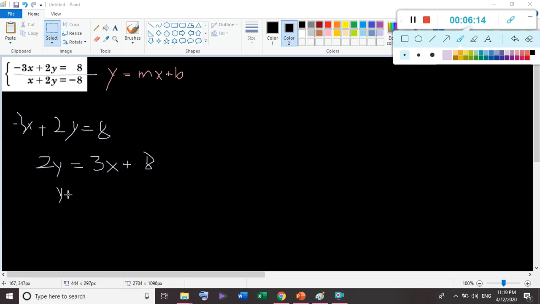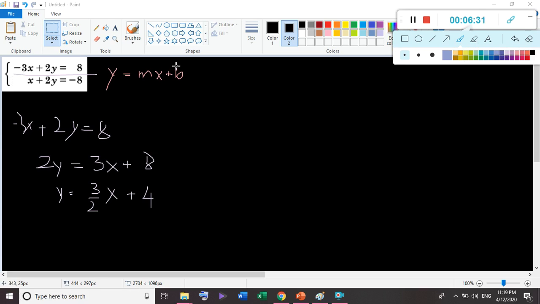Then y equals, we're going to divide everything by 2. So it's going to be 3 over 2 x plus 8 over 2, which is 4. So this is the first equation.